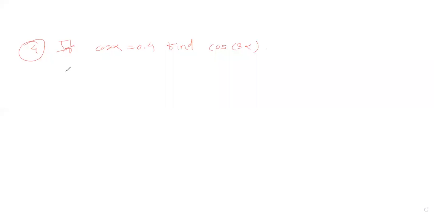Now we know the formula of cos 3A. We know this formula. Cos 3A is equal to 4 cos cube A minus 3 cos A. Here it is cos 3 alpha, so cos 3 alpha is equal to 4 cos cube alpha minus 3 cos alpha.